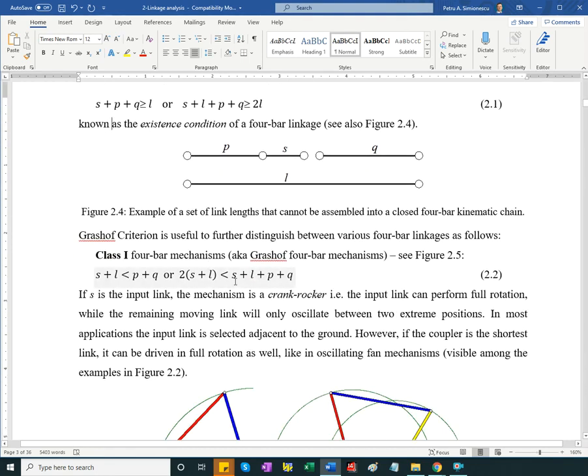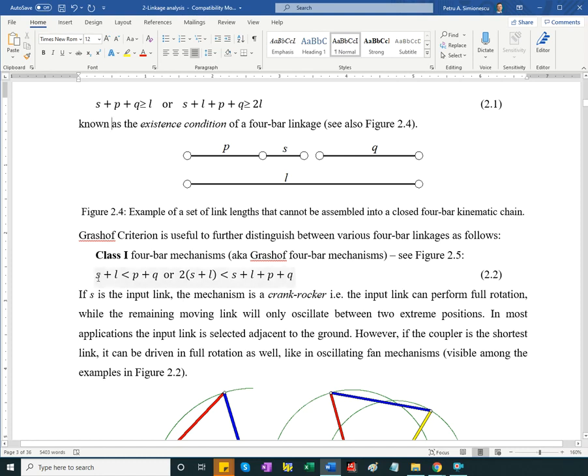Next, we'll be looking at what is called Grashof criteria, which likewise makes use of the shortest, longest, and the other two links or their lengths. There's class 1 4-bar mechanisms, also known as Grashof 4-bars or Grashof class 1.